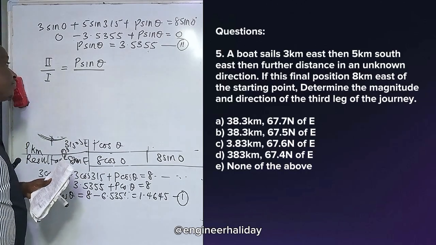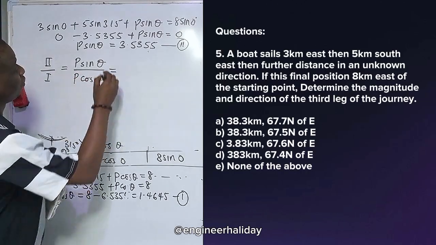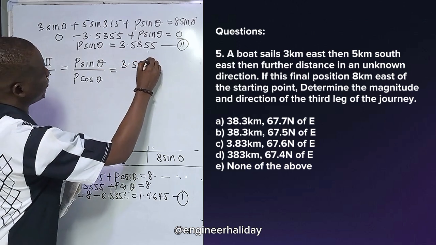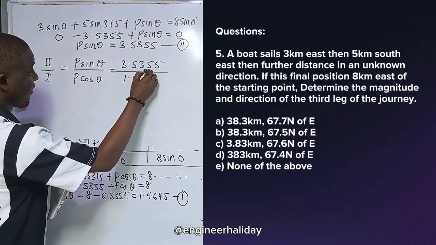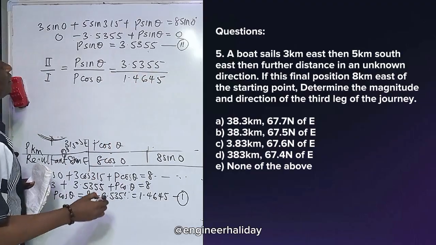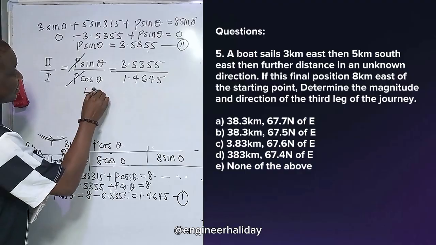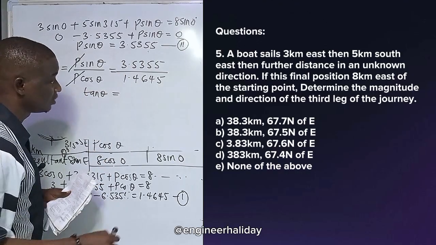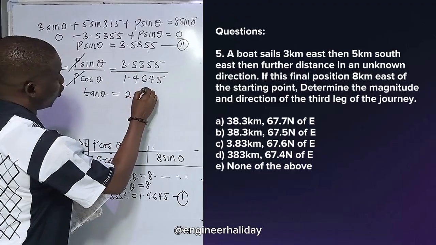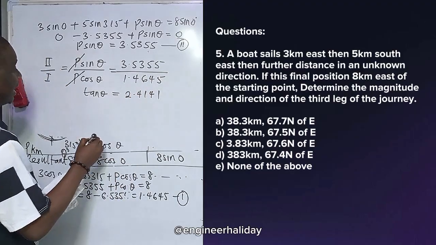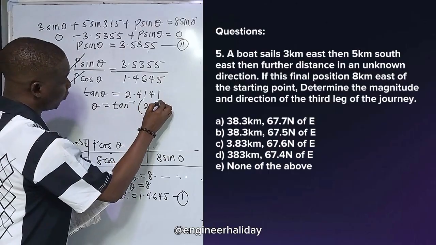So that will give us P cos theta equal to 3.5355 divided by 1.4645. Is that clear? What we are going to have is tan theta equal to what? Now what is the value of that? 2.4141.